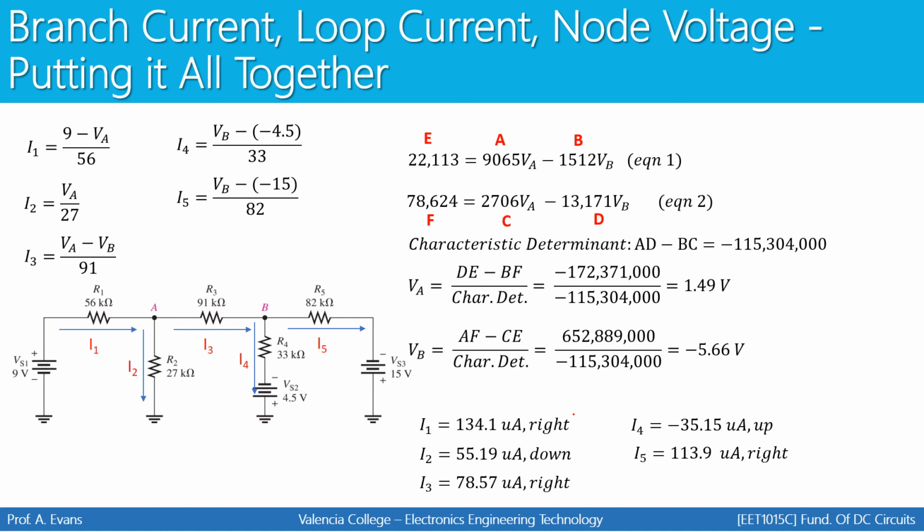In this problem, node voltage only gave you 2 unknowns, loop current gave you 3 unknowns, and branch current gave you 5. So before you start the problem, keep in mind that you want to look for those types of things. What's going to be the simplest way for me to solve this using one of these 3 methods?